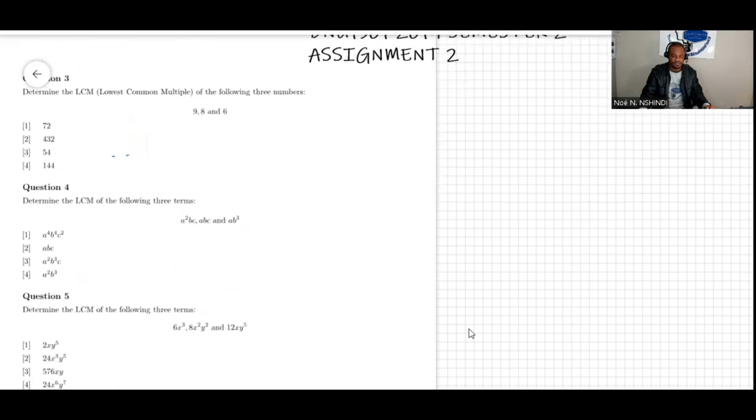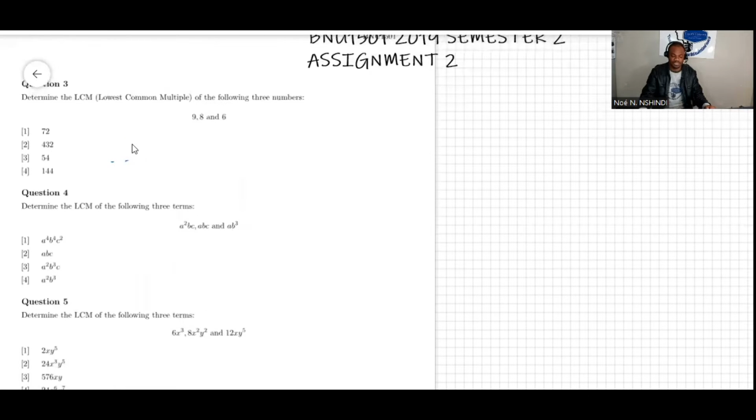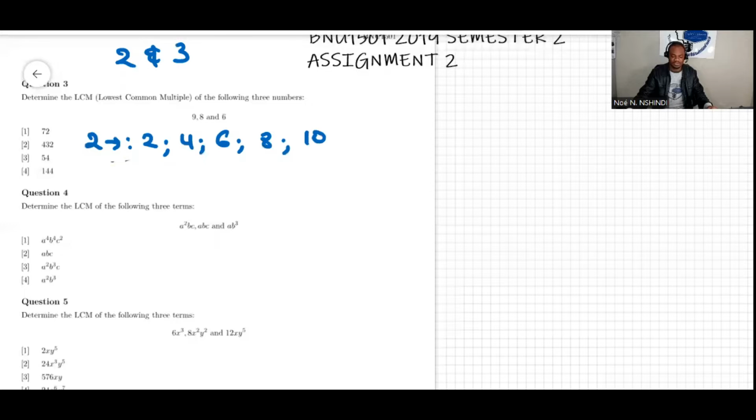Before we start with the questions, let me first discuss a little bit about the LCM. Let's take an example: I want to find the LCM of two numbers, like 2 and 3. Let's first talk about the multiples of 2. Multiples of 2 will be 2, because 2 gets into 2 once, 4, because 2 gets into 4 twice and there's no remainder, 6, 8, 10, 12.